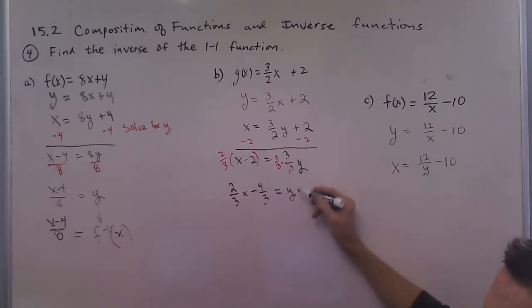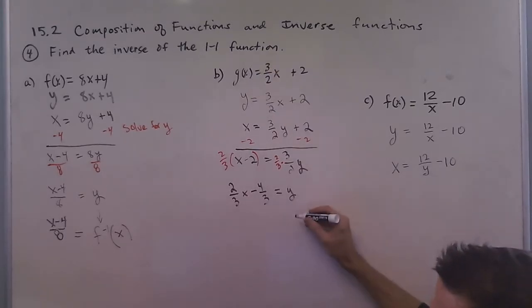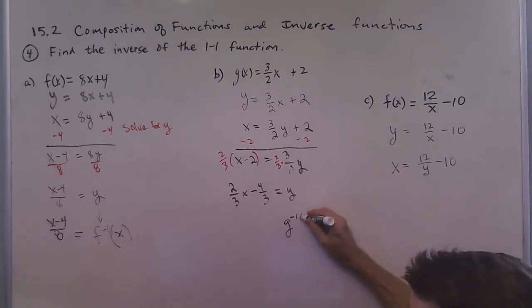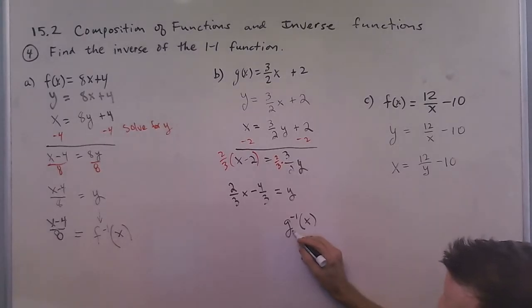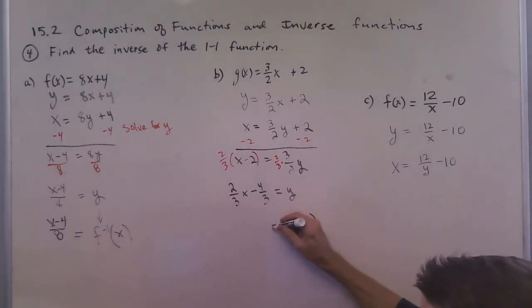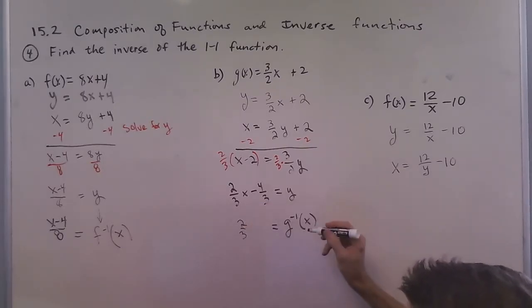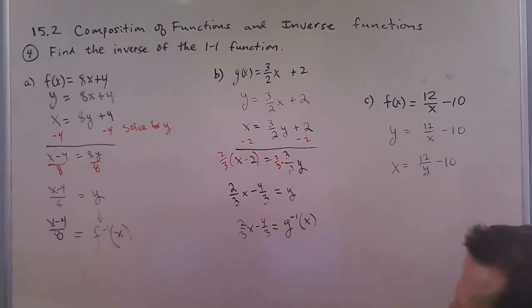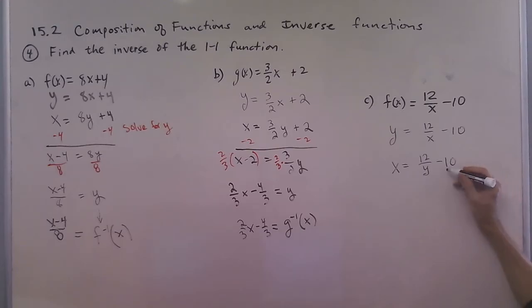And then I want to use that function notation, the inverse notation. And so I'm going to say g, since my original function was g, g of -1, or g, the inverse of g of x equals 2/3 x minus 4/3.